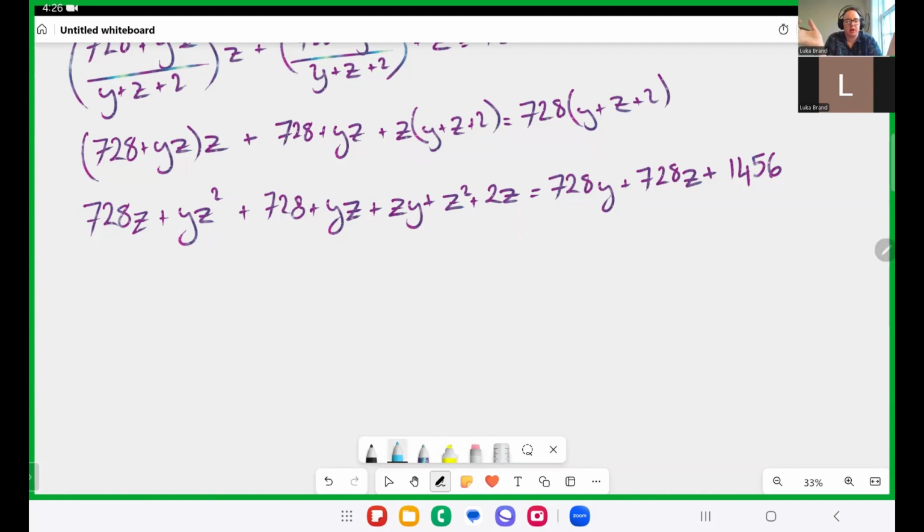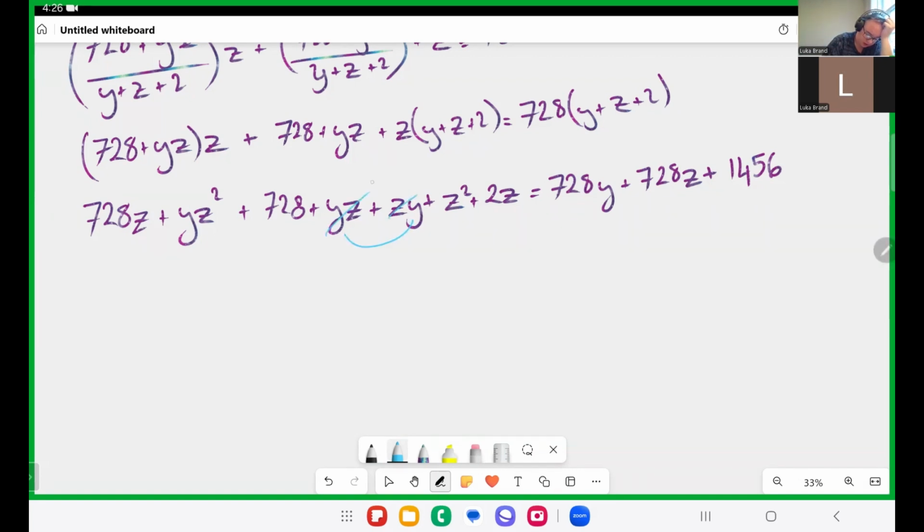First, I'm just going to add like terms. And then I'm going to start to move all my z's to the other side, all my y's to the left-hand side and z's to the right. I could do it the other way, but this is just how I think. It does tend to be the more common practice, but if you think the other way, that's absolutely fine too.